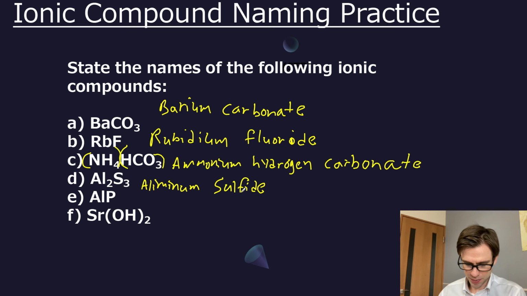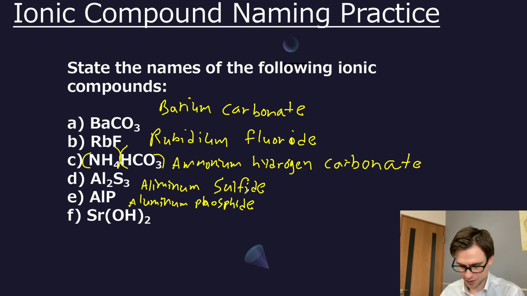E, AlP, that's also aluminum, but in this case, phosphide. Usually phosphorus. Turns out we changed that suffix after the second P, phosphide. Aluminum phosphide.